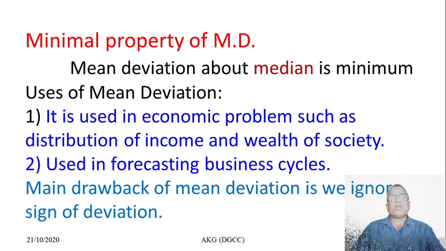So all these three measures of dispersion do not depend on all the actual observations. So we see the next measure of dispersion, called the standard deviation, a very popular measure of dispersion.